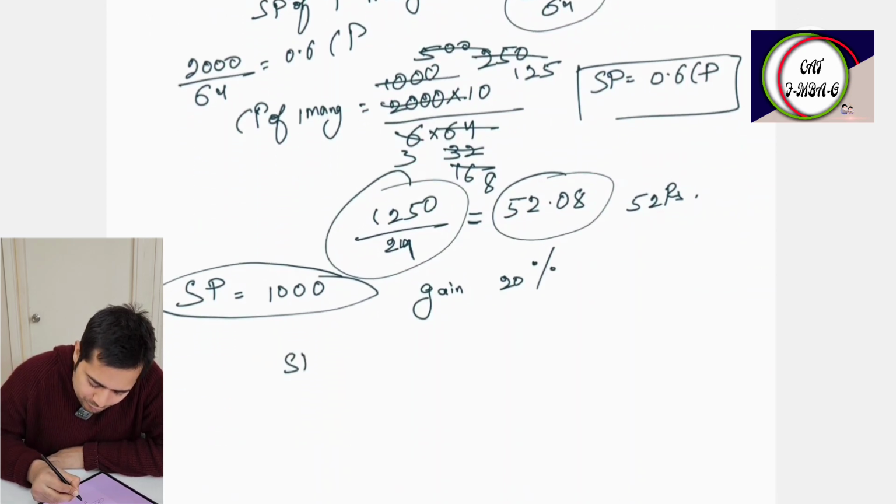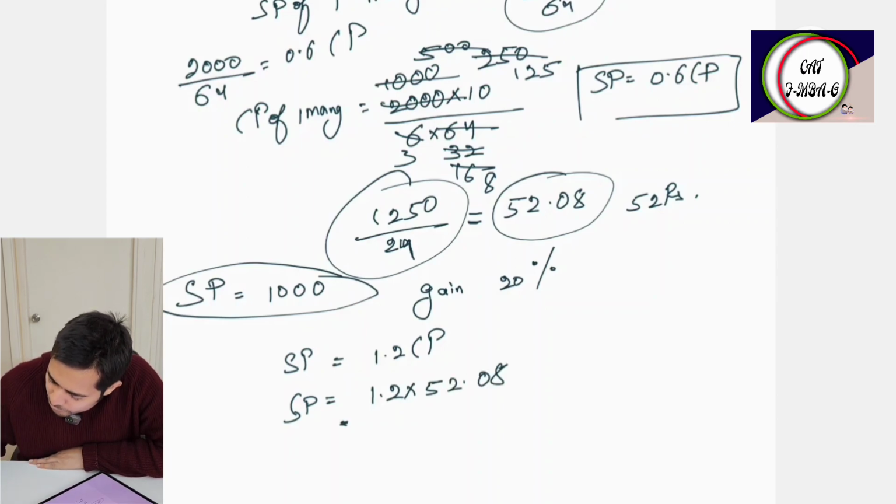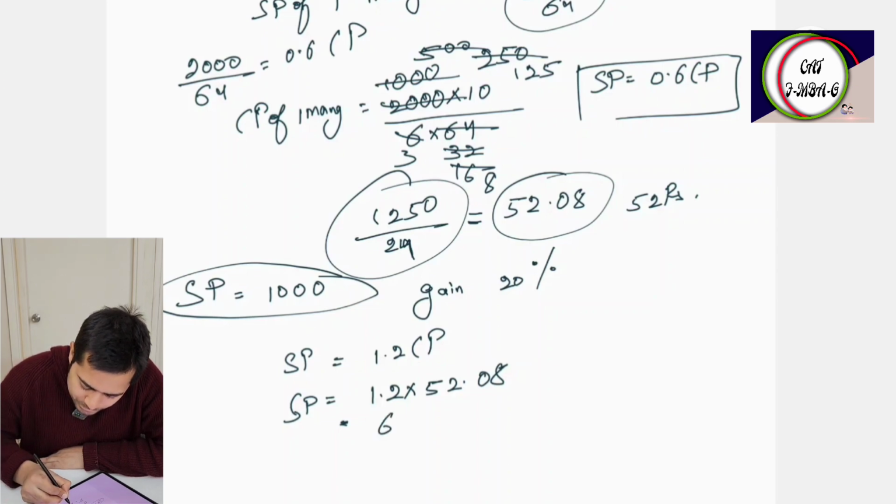So the selling price of one mango is equal to 1.2 into cost price. So selling price is equal to 1.2 into 52.08, you can take the help of a calculator, is equal to 62.5.